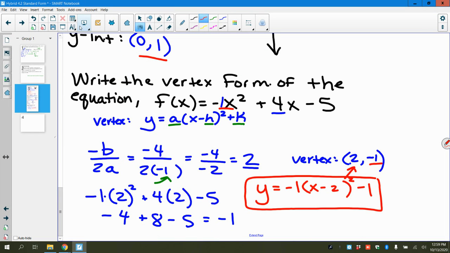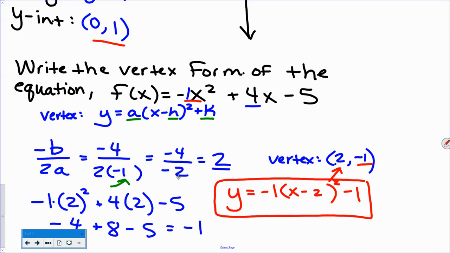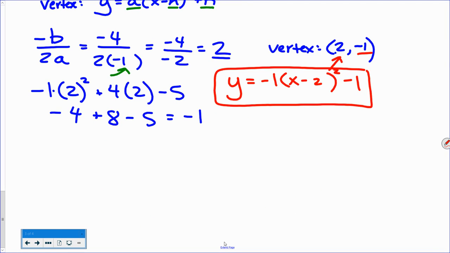Okay, for our last example, we are going to do the reverse of what we just did. So I'm now going to give you a problem in vertex form, and you're going to change it to standard.